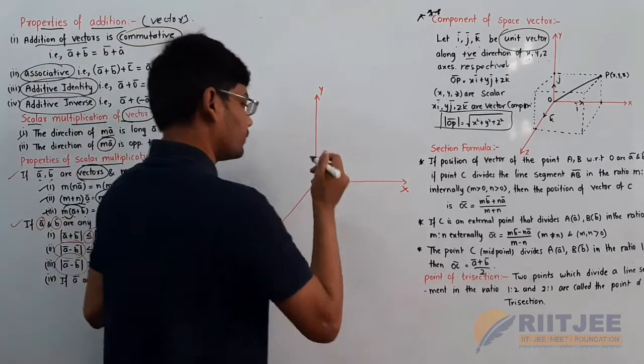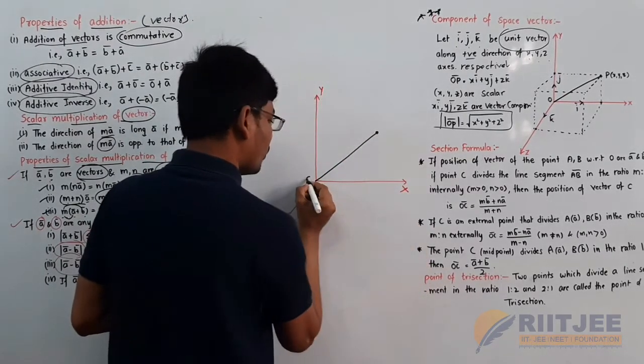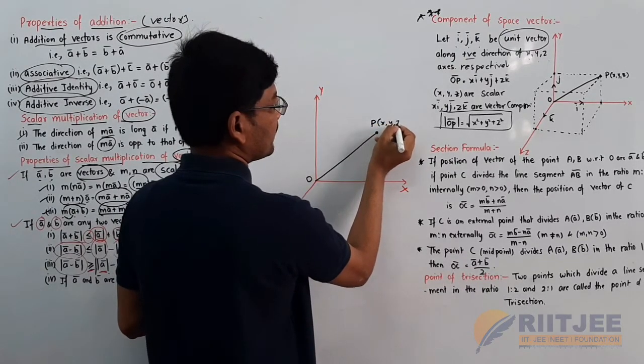This is a vector, this is O, and the point P is x comma y comma z.